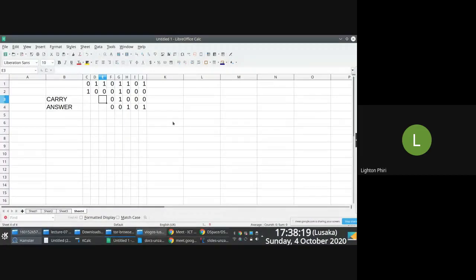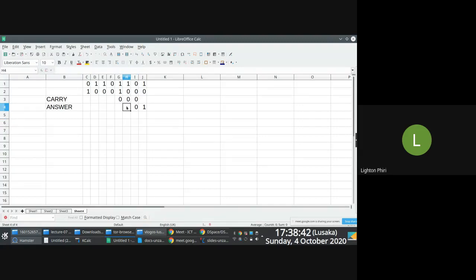1 and 0, you carry, and I'm doing this wrong. I'm just going to undo this. So 1, you want to carry to the next placeholder. 1 and 0, you carry nothing. The answer is 1. 0, 0, 0, you carry nothing. The answer is 0. 1, 0, 0, you carry nothing.